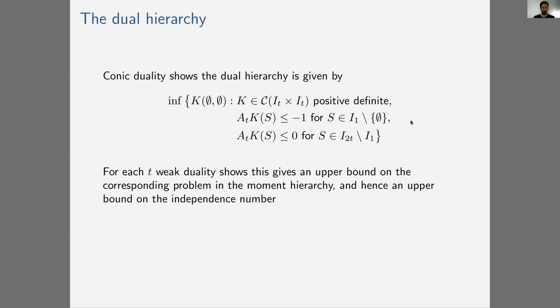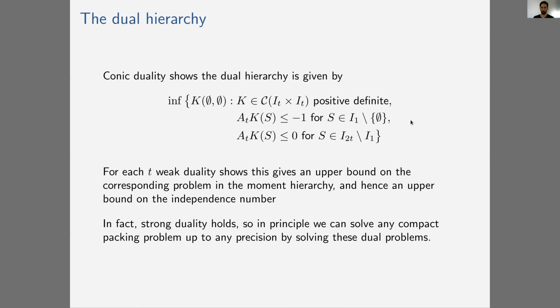So for each t, weak duality shows this gives an upper bound on the corresponding problem in the moment hierarchy, and hence an upper bound on the independence number. And of course, you could worry that if you just have weak duality, then this convergence proof of the primal hierarchy wouldn't be so useful, because you wouldn't know that this also converges to the independent set number. But actually, we can show that strong duality holds.